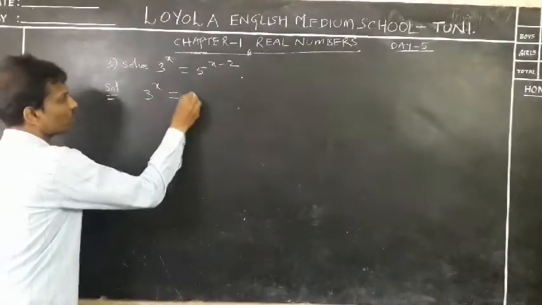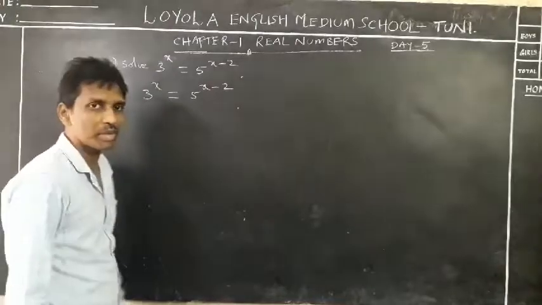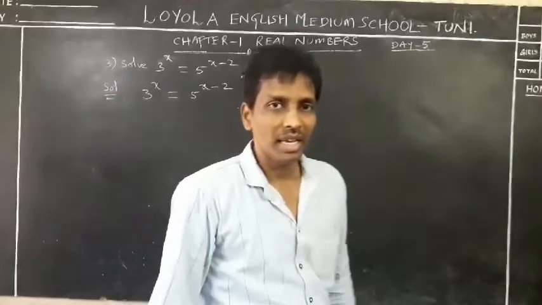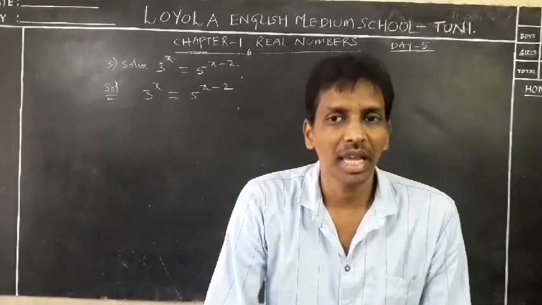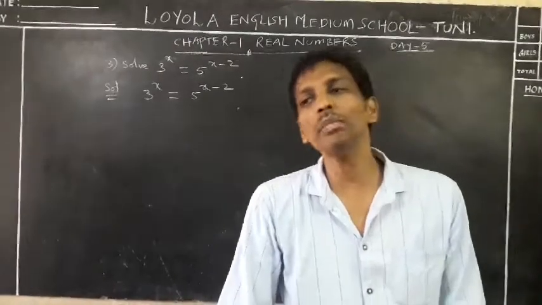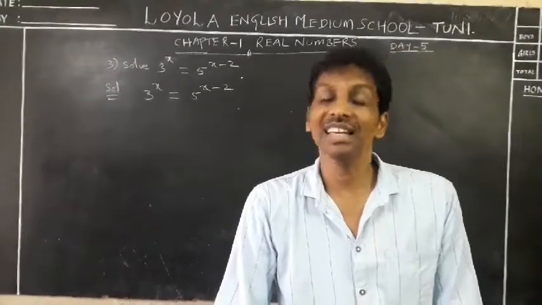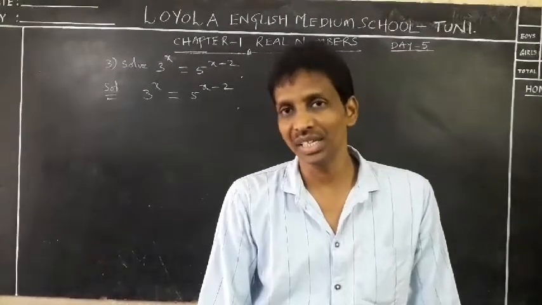3 power x is equal to 5 power x minus 2. For us, chapter 1 real numbers is going on. Apart from real numbers, what topic is going on at present? Yes, logarithms topic is going on.